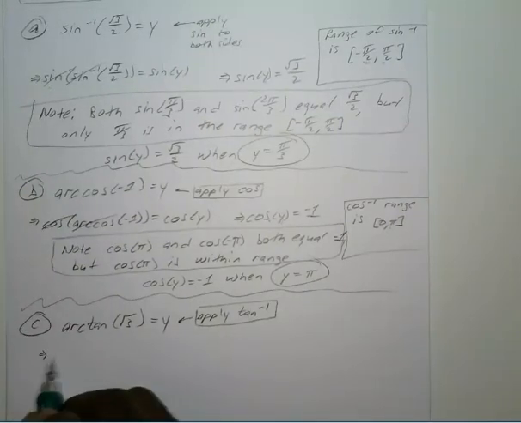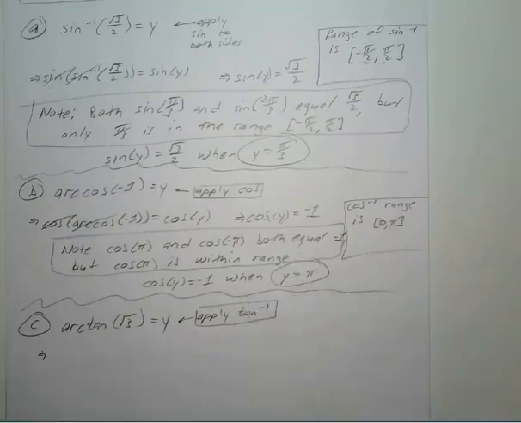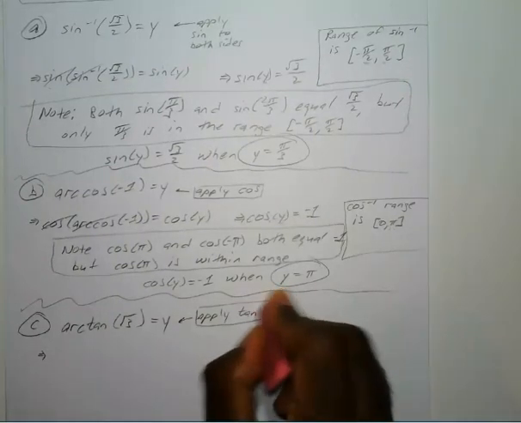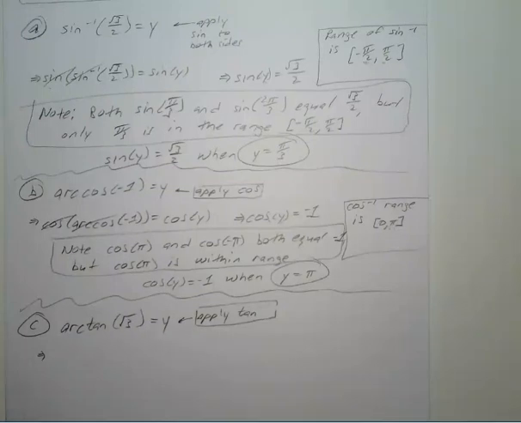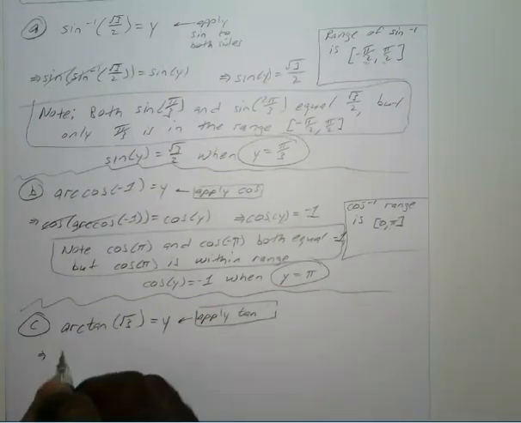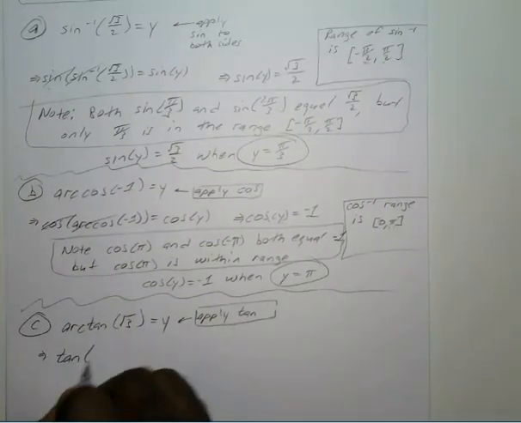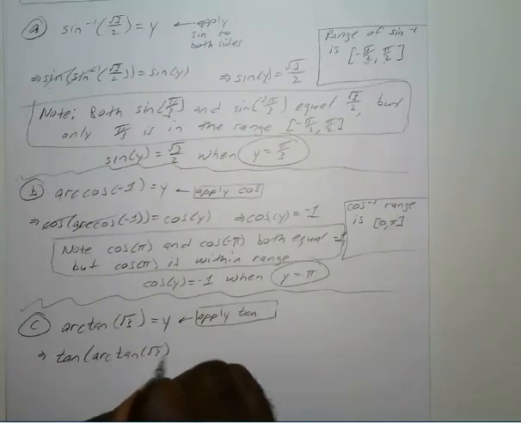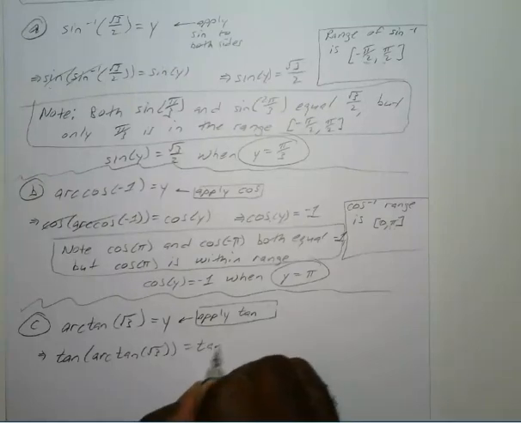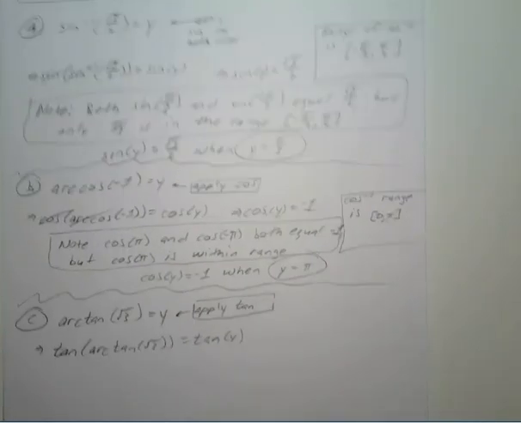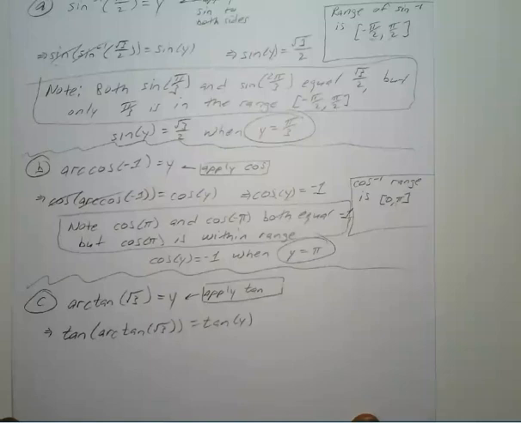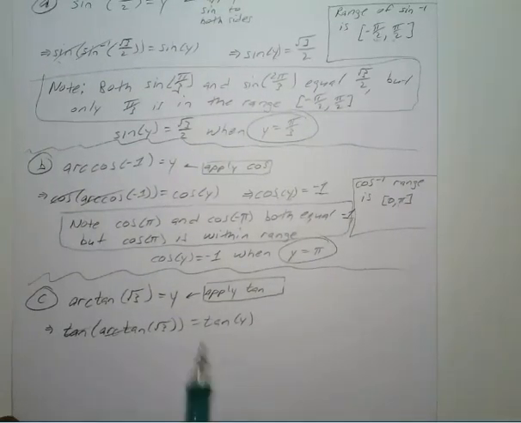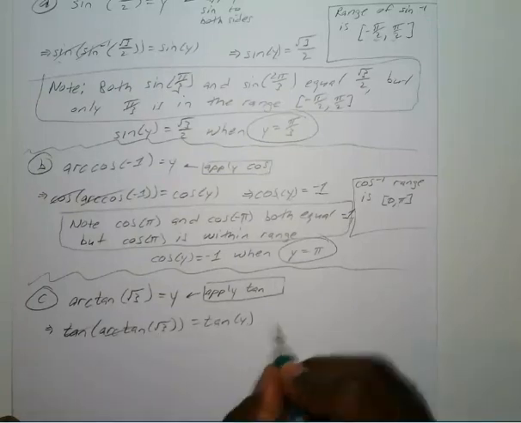Not tangent inverse, just tangent, sorry about that, because we have the arctangent, which is already our tangent inverse. So we have tangent of arctangent square root of 3 equals tangent of y. Remember the arctangent and tangent cancel out. So you have the tangent of y is equal to square root of 3.